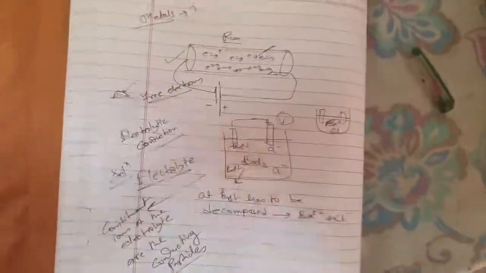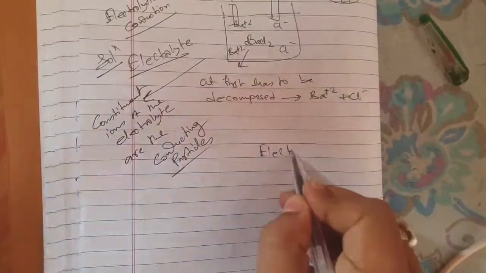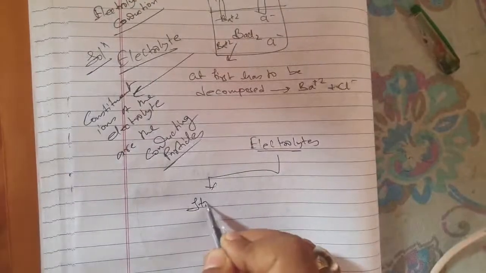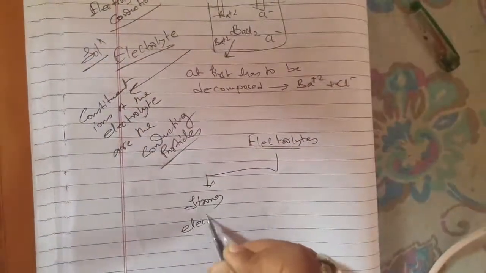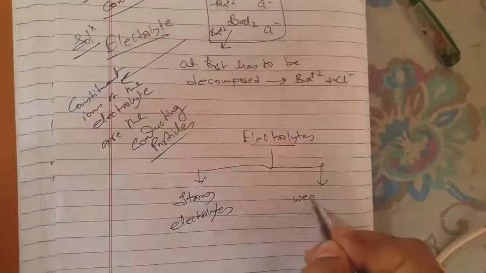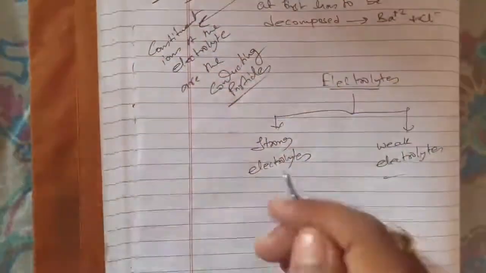Now on the basis of this, if we move forward, if I talk about electrolytes, there are strong electrolytes and weak electrolytes. These you have also learned in your class 11 ionic equilibrium chapter, and in class 10 also.